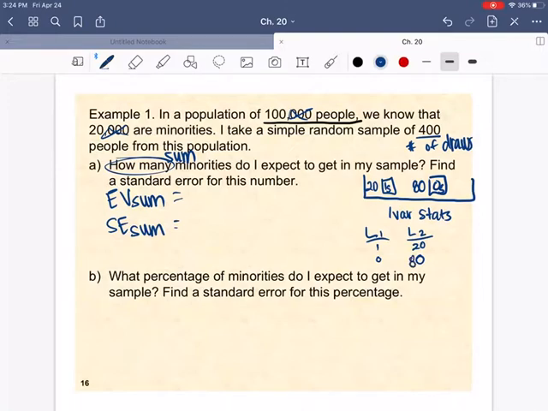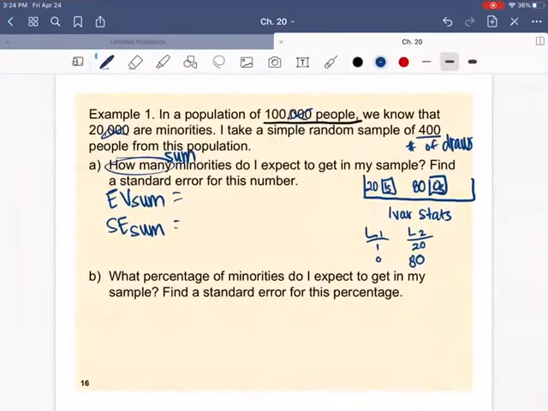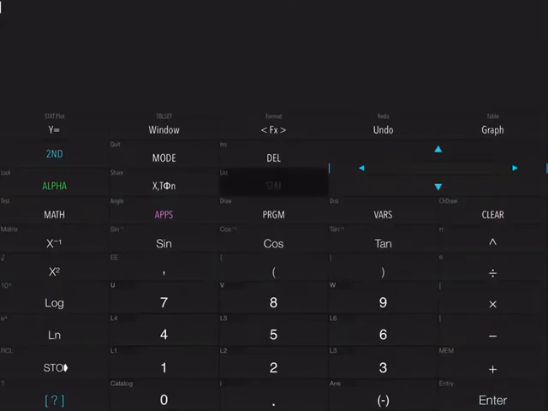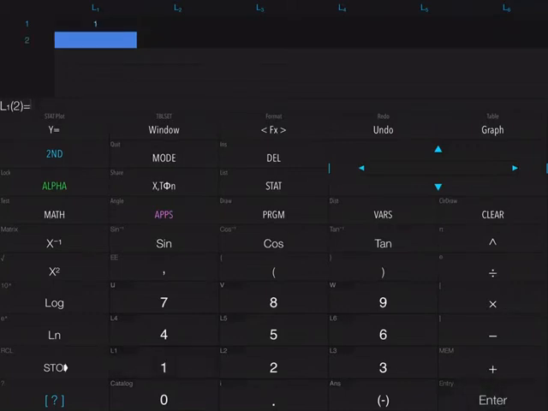So let's go to my calculator and into list, edit. Let's clear out what's here. And type 1 and 0 and 20 and 80. So the 80 comes from 100,000 minus 20,000, and then I just cut some zeros off there.